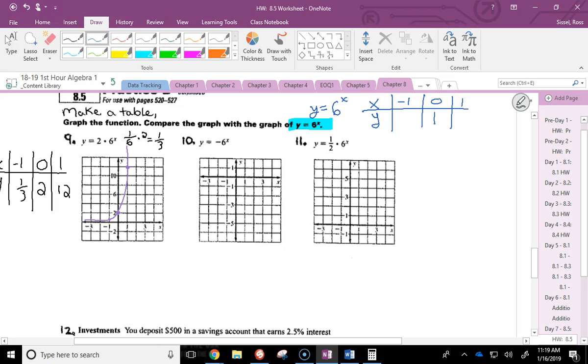When x is 1, 6 to the first power is 6. And to the negative 1, it is 1/6. I would graph that on all these. So my parent function is 0, 1. 1, 6. Negative 1, 1/6. Draw my line in. That blue one is my parent function.